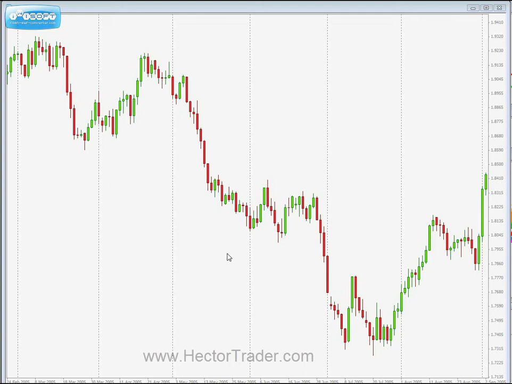There are different types of triangles depending on how they shape up on your charts. Basically, we have flat top triangles.